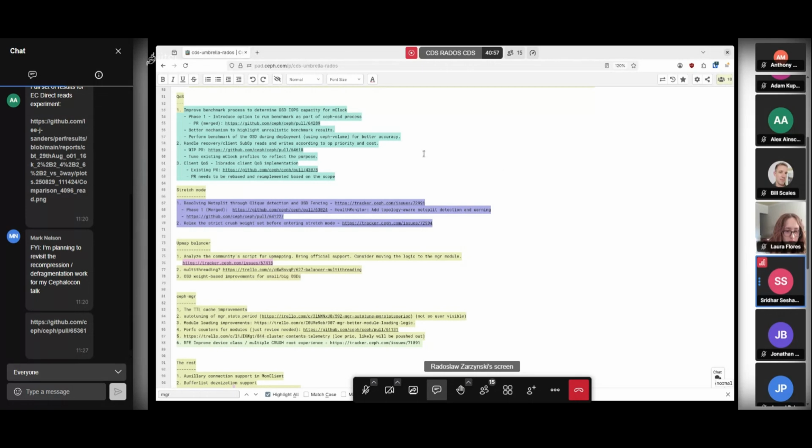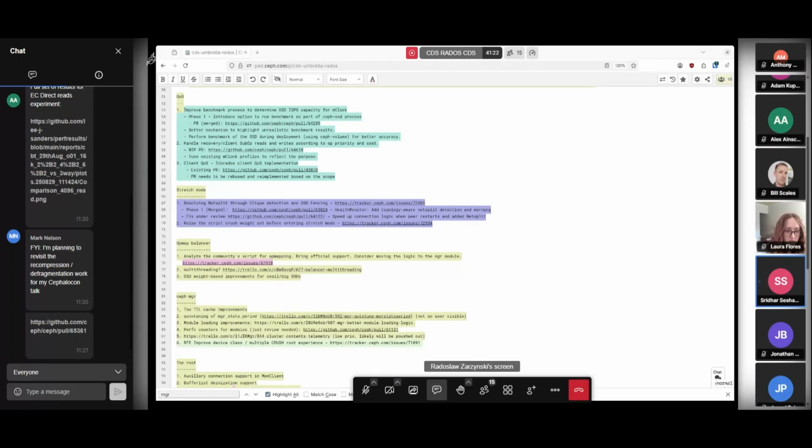Phase one of this change is already merged, as noted in the second point there. This introduces a subcommand for the Ceph OSD process called run benchmark that is executed just after the MKFS step.